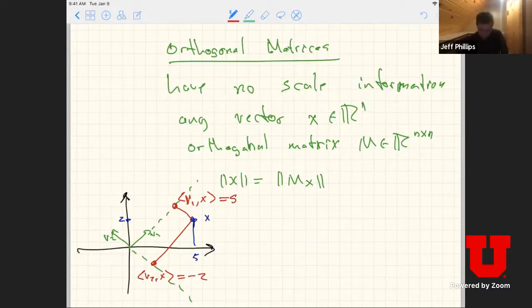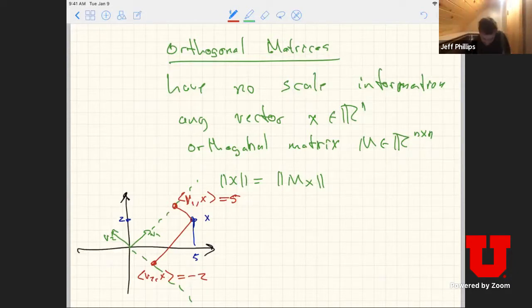I just picked numbers which are easy, but it's going to be the same length. I haven't changed the length. You can have things which are negative, that's fine, but the length is going to be the same. So I can think of this as a rotation of the coordinate system. I've changed the x-axis to v1 and the y-axis to v2, and I've kind of rotated it from one side to the other. And that's all I've done.